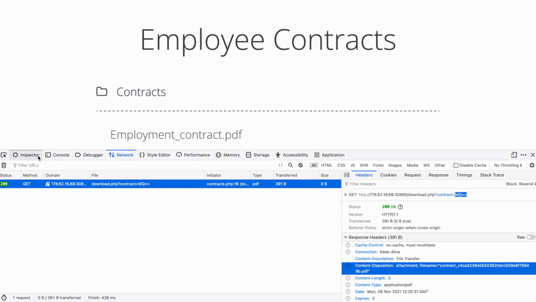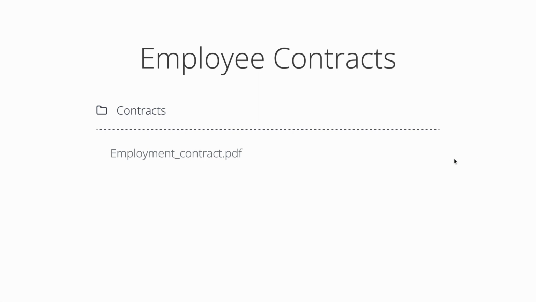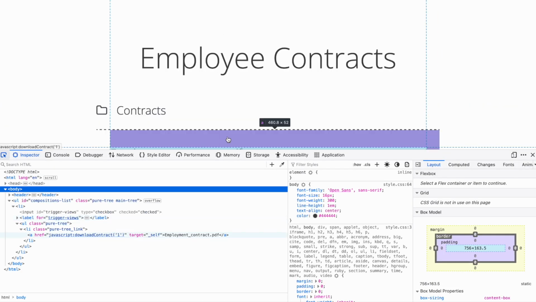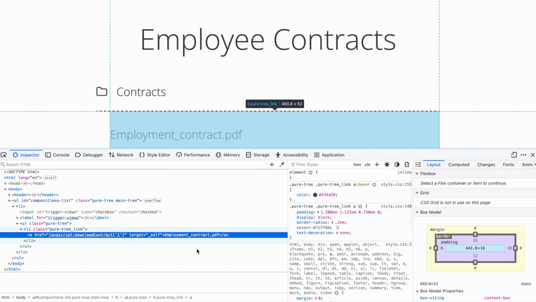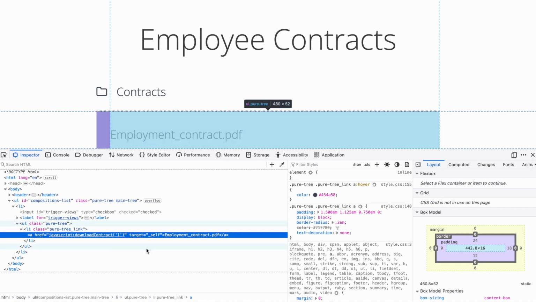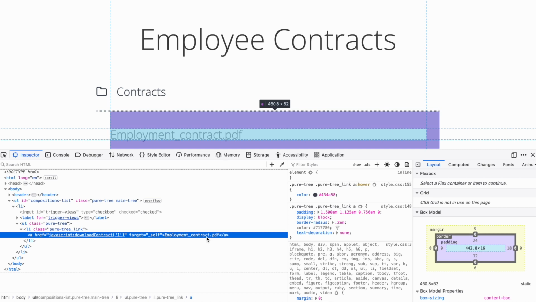We can go back to the inspector, close it and just open it again. Click on the page inspector or element inspector, and then select our element. Now, when we get to the part of the HTML code that refers to this link, we see it calling javascript:downloadContract to actually download the file.